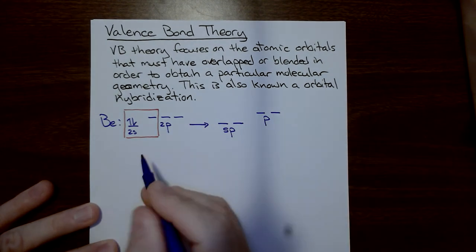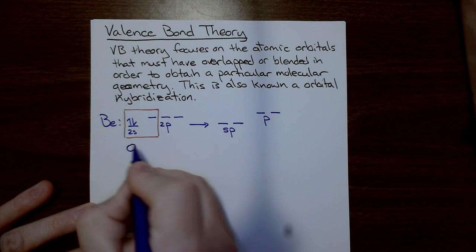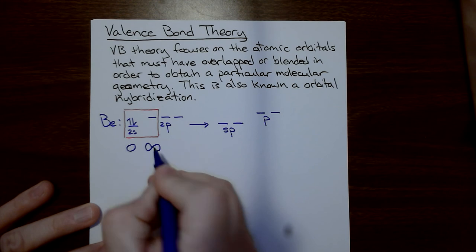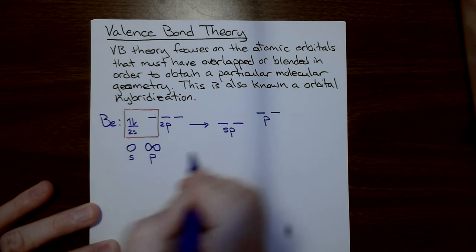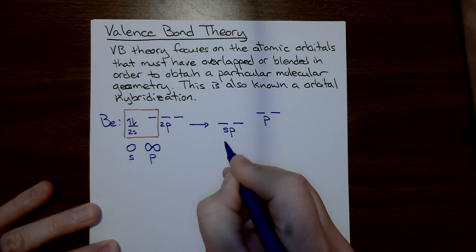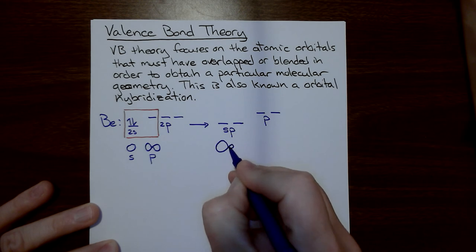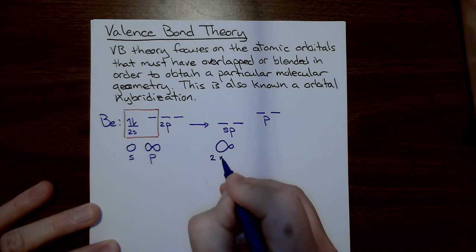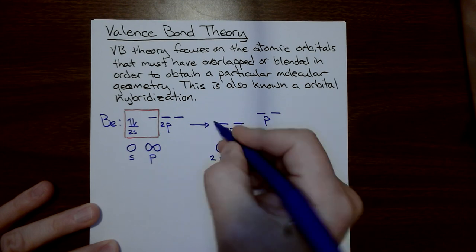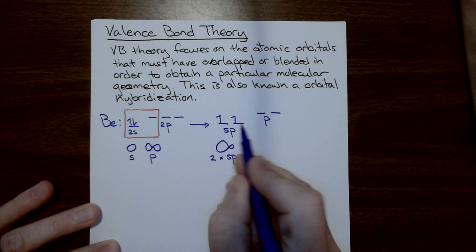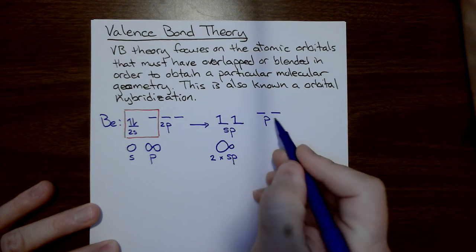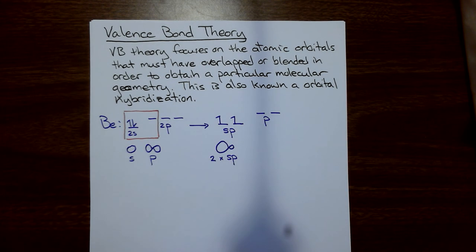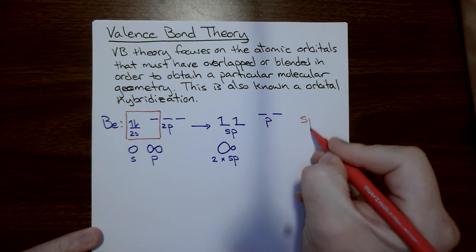You can think of it as this s orbital blending with this one single p orbital to make this orbital that looks like this. It's a big lobe and a small lobe, and it's known as an sp orbital. So we have 2 of these sp orbitals now, and we have an electron in each one, and you can make 2 bonds with that. You also have the 2p orbitals left alone up here. So we say that this is sp hybridized.